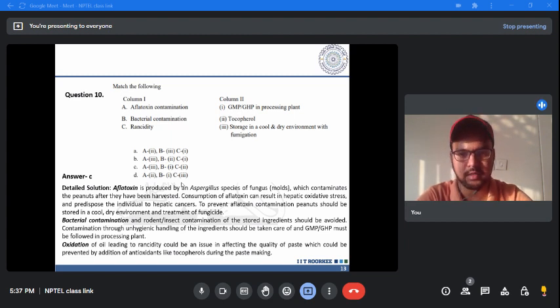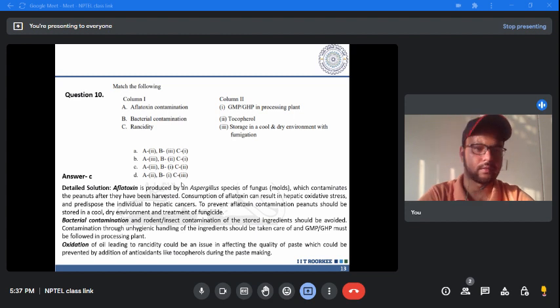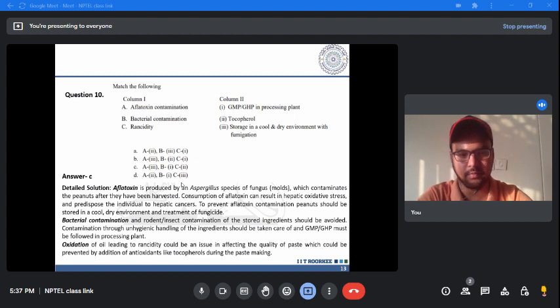Contamination through unhygienic handling of the ingredients should be taken care of, and GMP and GHP must be followed in a processing plant. GMP is good manufacturing practice, and GHP is good hygienic practice. Oxidation of oil leading to rancidity could be an issue affecting the quality of the paste, which could be prevented by addition of an antioxidant like tocopherol during paste making. So option C is the correct answer for this question.